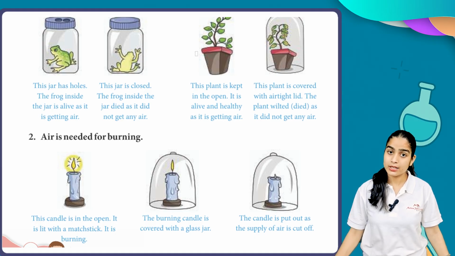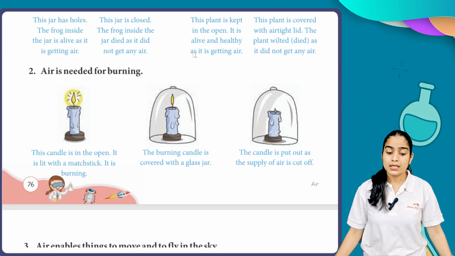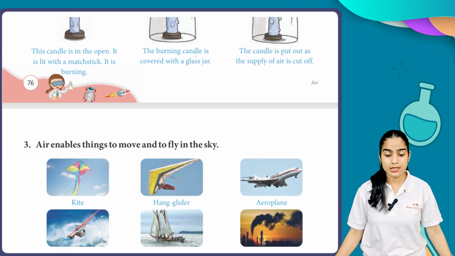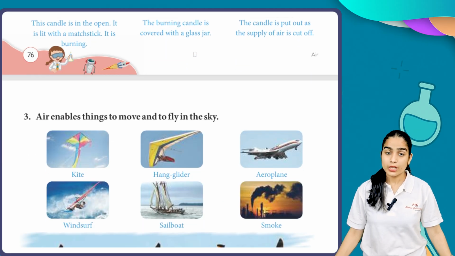In your higher classes, you are going to learn about carbon dioxide, which helps us put out the flame of a candle. The burning candle is covered with a glass jar. The candle is put out as the supply of air is cut off. It means without air we are not able to burn our candle.